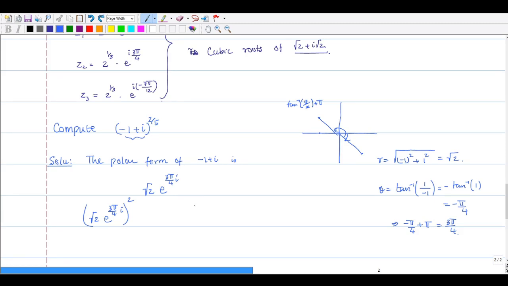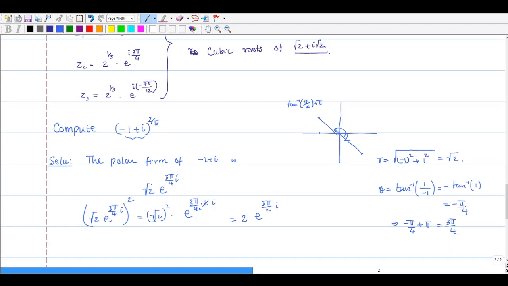So this is equal to root 2, ஓகேங்களா, the whole square into e to the power 3 pi 4 into 2i. கரெக்டா, அப்ப இங்க ஒரு 2 இங்க ஒரு 2. So that is equal to 2 e to the power 3 pi by 2 i. So here we are having this.